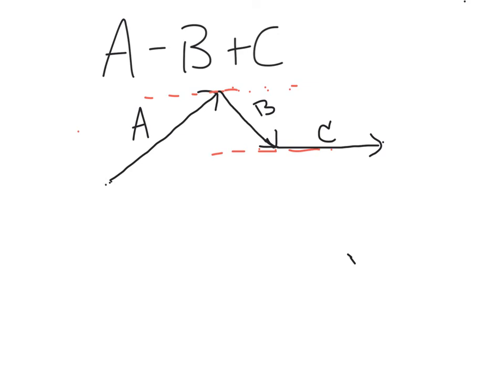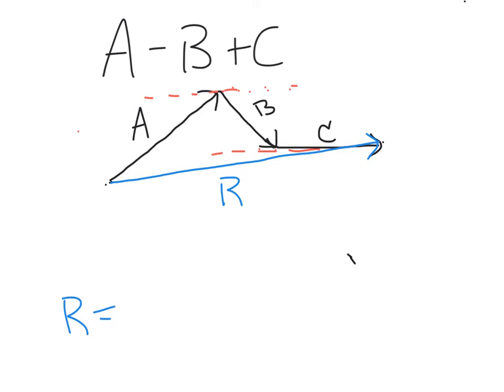I'm going to do this in a different color. The arrows match up, the tails match up. This is my resultant R. And the last thing we need to do is measure R. So the resultant is longer than my 10 centimeter ruler right now.